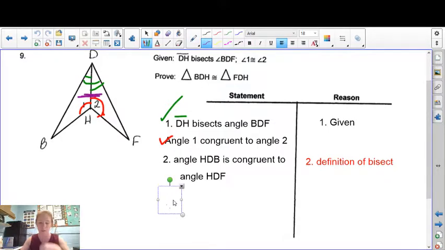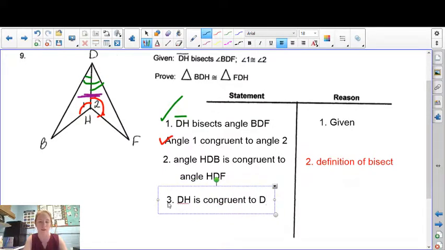So number 3 says DH is congruent to DH. And why is it congruent? Well, it's because of itself. And what was that word again?